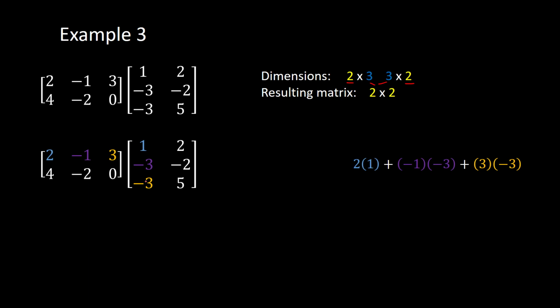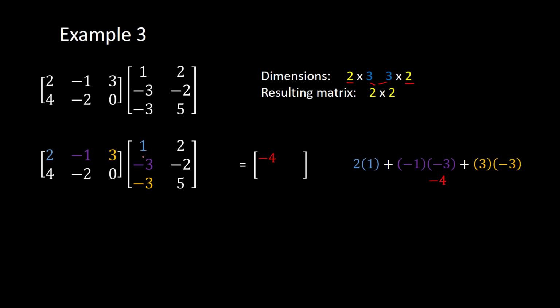So I multiply and add those all together. When I do that, I have 2 plus a positive 3, which is 5, plus a negative 9, which is negative 4. Now the resulting matrix is 2 by 2, so it's a square matrix, and the negative 4 goes in the top left corner because I'm taking the first row, multiplying it by the first column. So it's going to go in the first row, first column of the resulting matrix.